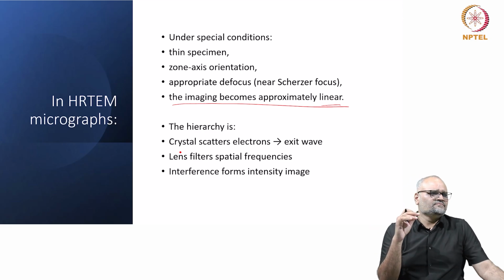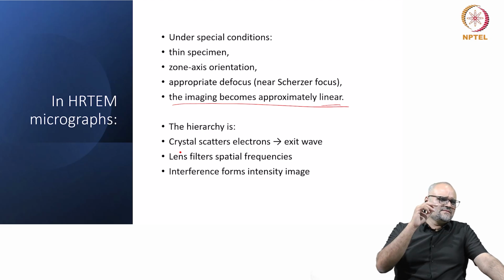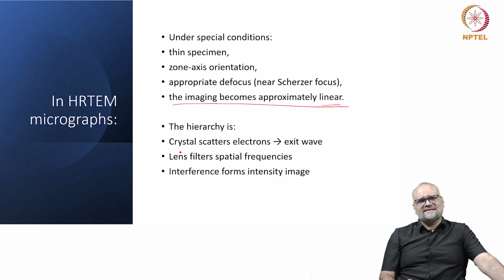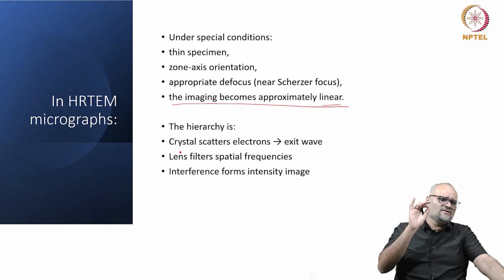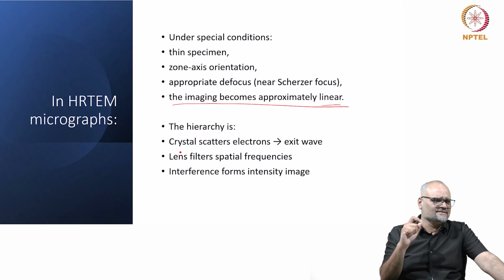So the image intensity can be considered as proportional to the projected crystal potential, and the atomic columns start appearing as dots. We often call this a structure image, but strictly speaking, this is not the exact position of the atom alone. You should do a defocus series to exactly find out where in the crystalline lattice the atom is sitting.